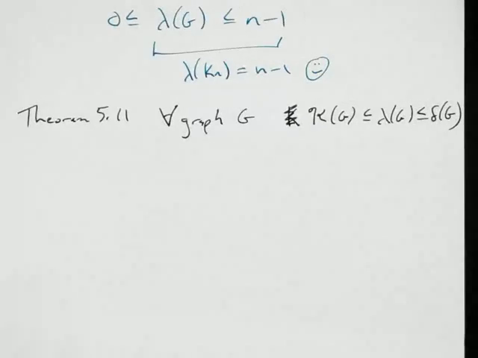Full graph, not a multigraph: the vertex connectivity is smaller, and the connectivity is smaller or equal to the minimum possible degree.